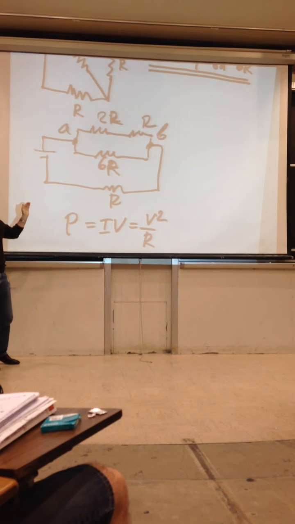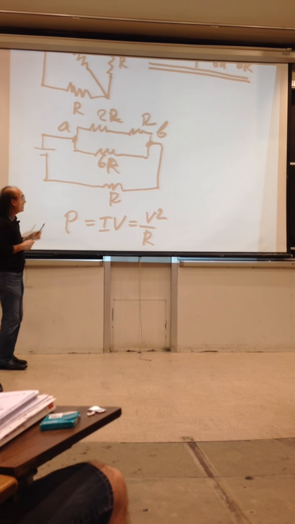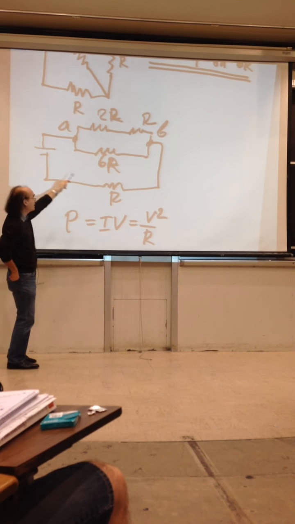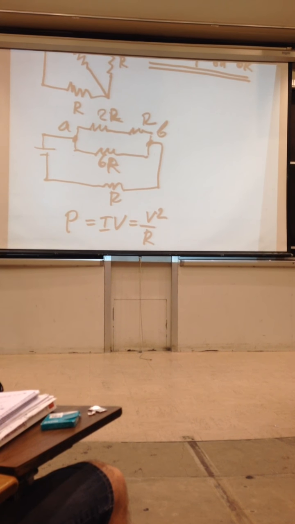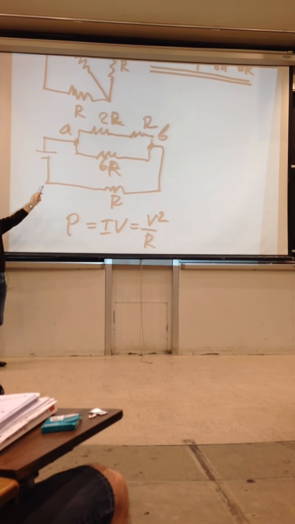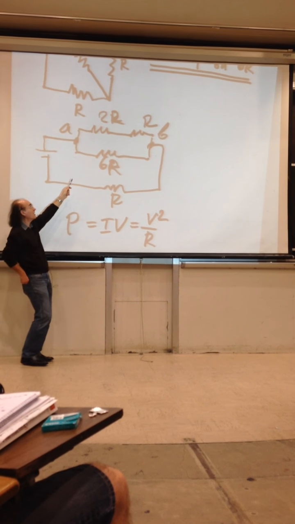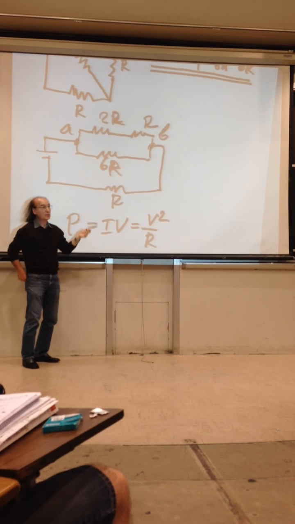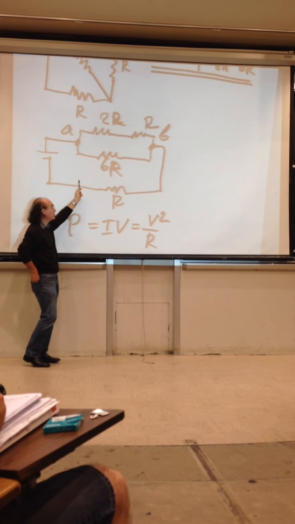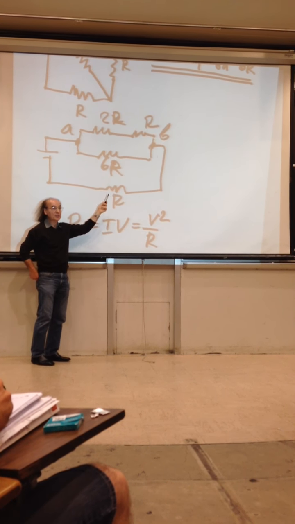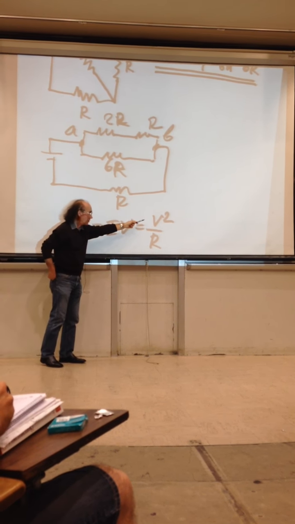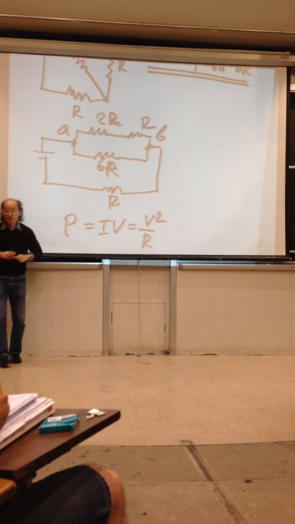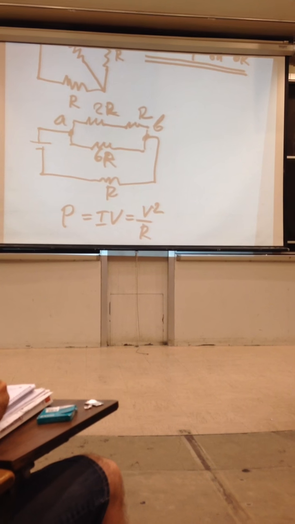Determine total resistance, determine total current, and then you get the current between points A and B. Then you can find the voltage between A and B. Just determine the equivalent resistance of these three, 2R, R, and 6R, multiply resistance by current, and get the voltage between points A and B. Square of that voltage divided by the 6R will give you the power delivered.